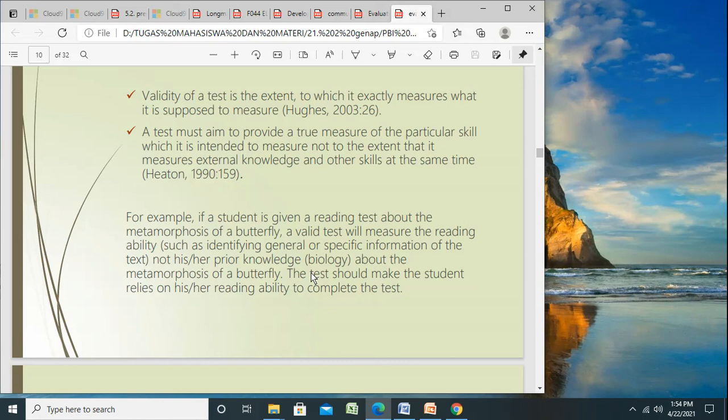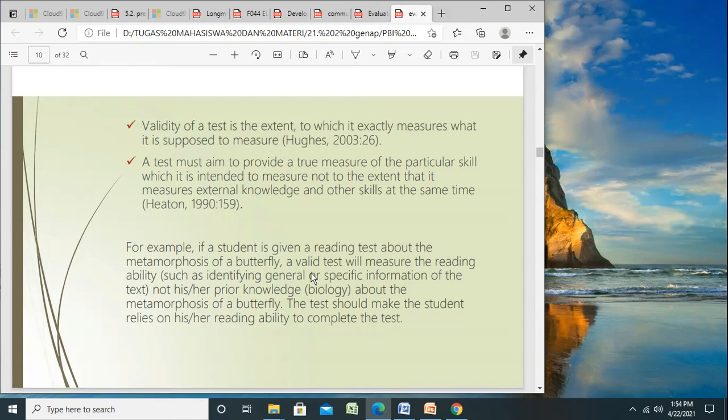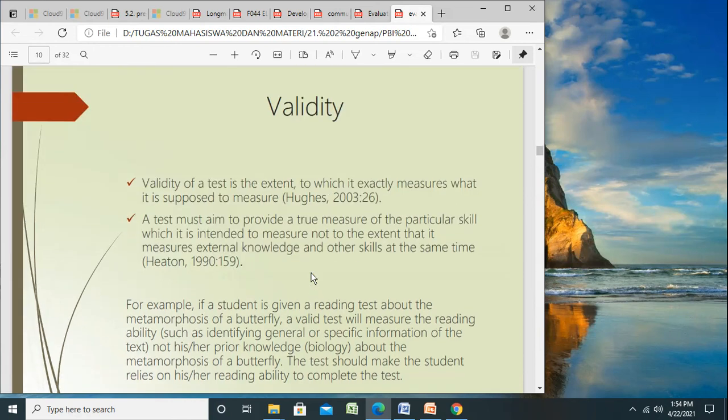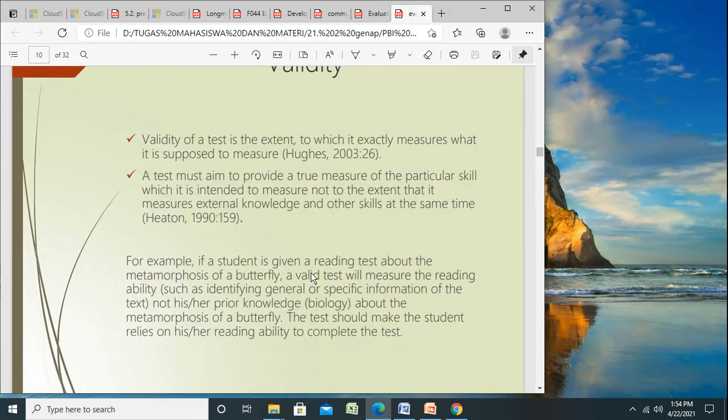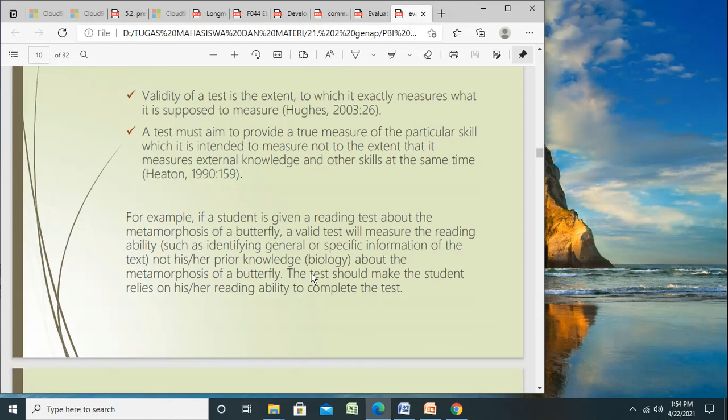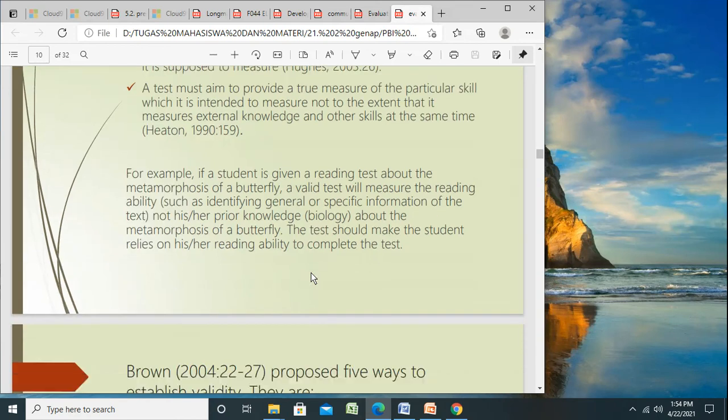The test should make the student rely on his or her reading ability to complete the test. So, in validity, you have to consider the materials you have. Will you measure the ability of reading, speaking, writing, or listening? So you have to decide which competencies you will teach to your students.